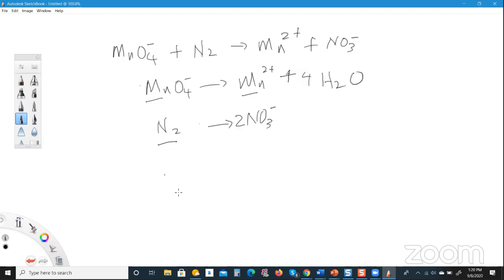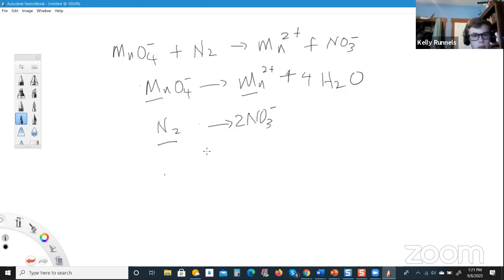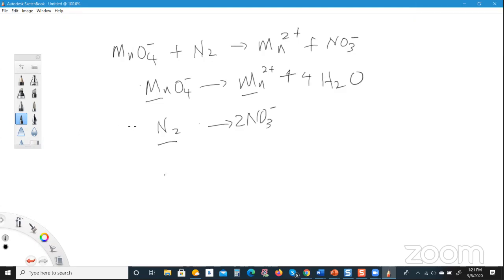What about the second half equation? Think carefully about this one. How would you balance the oxygens? You would have to add 6 water molecules to the left side. 6 H2Os on the left side. Very good.